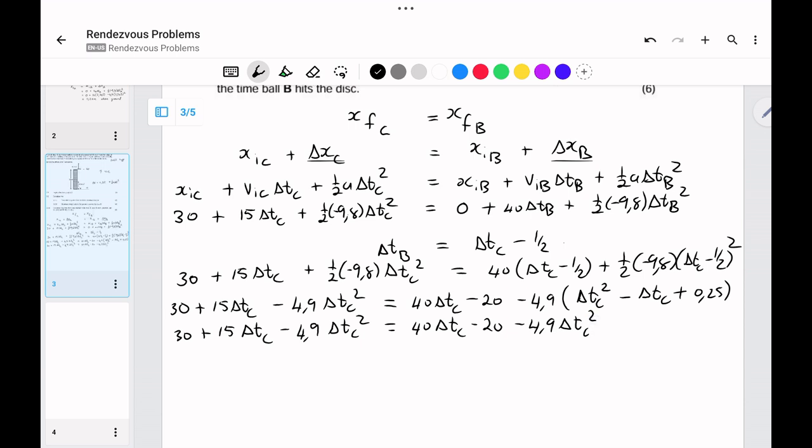Now minus 4.9 times minus delta t C is going to give me plus 4.9 delta t C. And now I have to take 1/4 of a funny number. What is 4.9 times 0.25? I get 1.225.